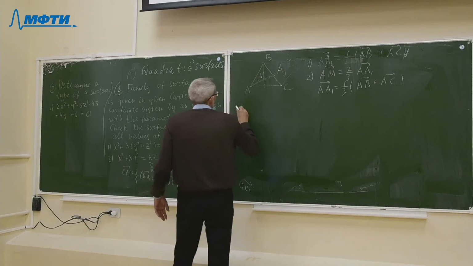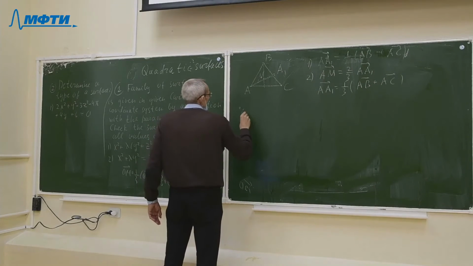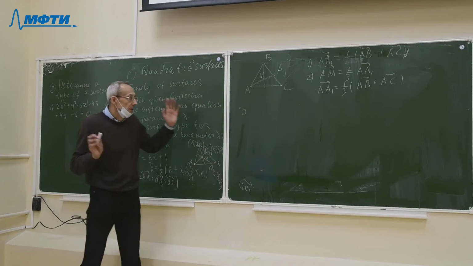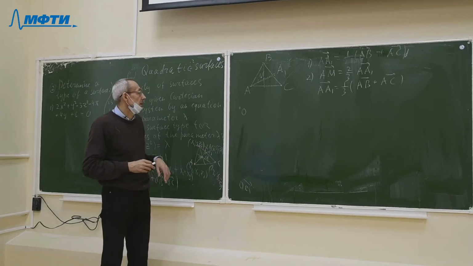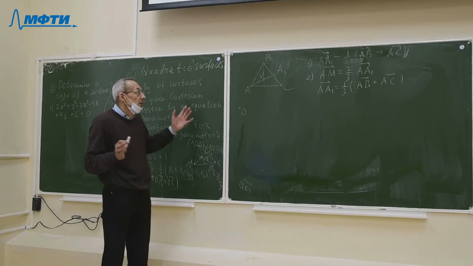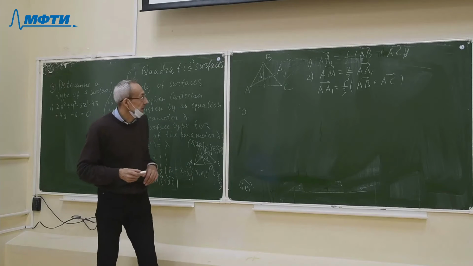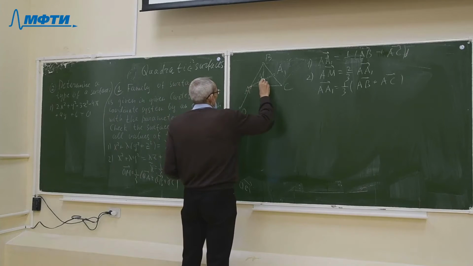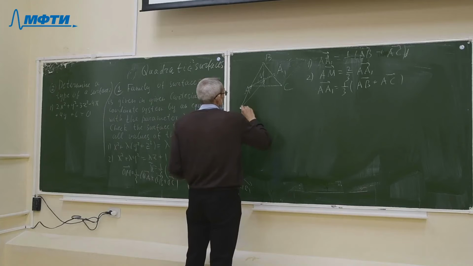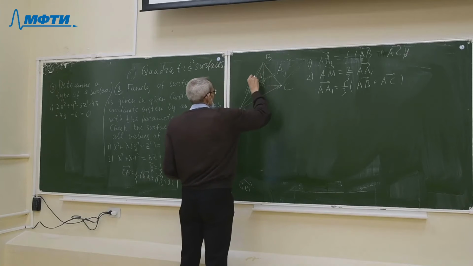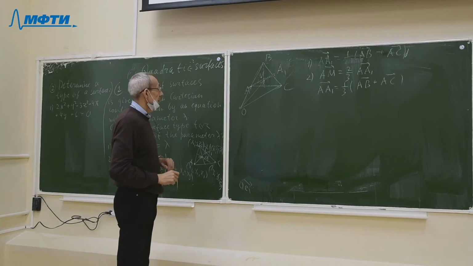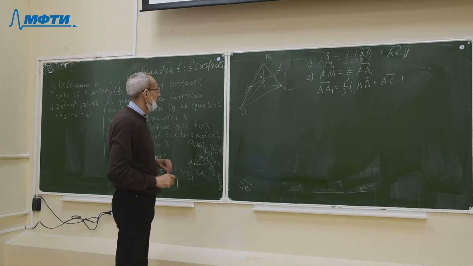Okay, if we have some point O, this point can be the origin of a new coordinate system. Our aim is to express this vector in terms of these vectors.